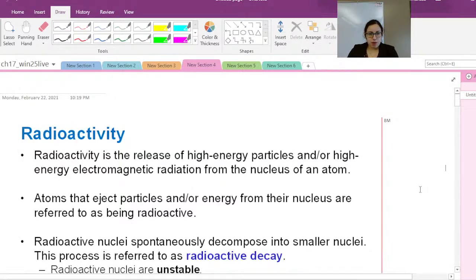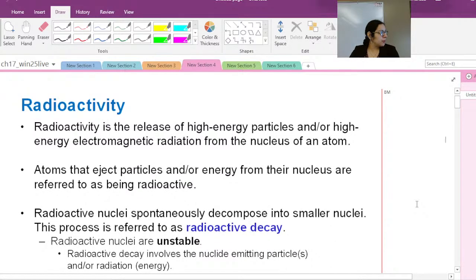Then radioactivity. Just looking a little bit at radioactivity in this chapter. That's defined as the release of high energy particles and/or high energy electromagnetic radiation from the nucleus of the atom.